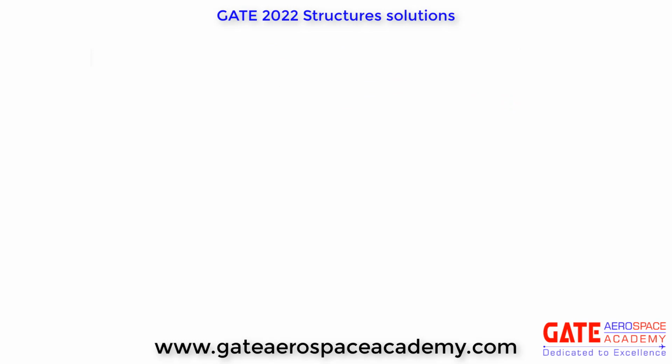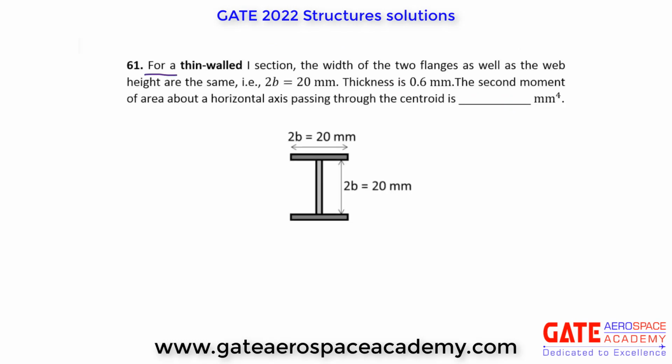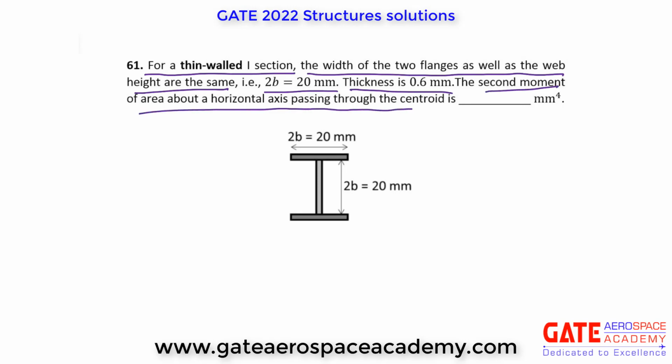Question number 61. For a thin-walled I section, the width of the two flanges as well as the web height are same, that is 2b is equal to 20 mm. Thickness is 0.6 mm. The second moment of inertia about horizontal axis passing through the centroid is, right, they have mentioned thin walled section. So here thickness they have not shown in the diagram, they have given thickness is 0.6 mm.